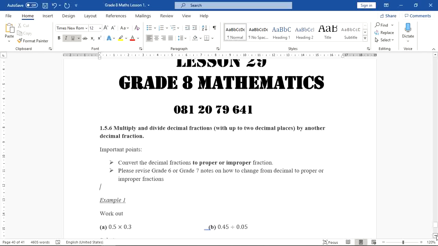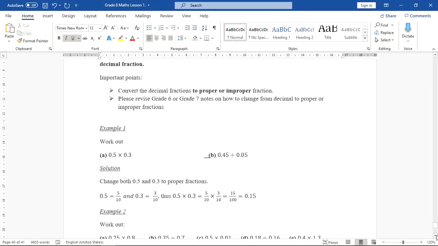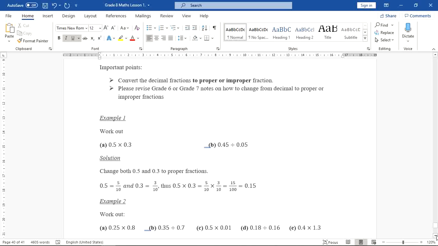Well, this is what we were taught in grade 6 and 7. So let's say we have 0.5 times 0.3. We know that 0.5, because there's only one number after the decimal point, can be written as 5/10.